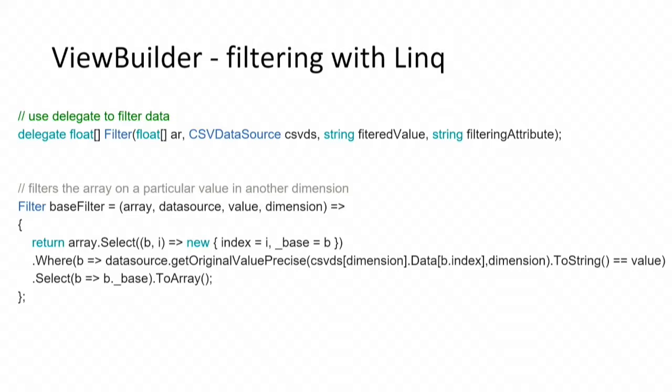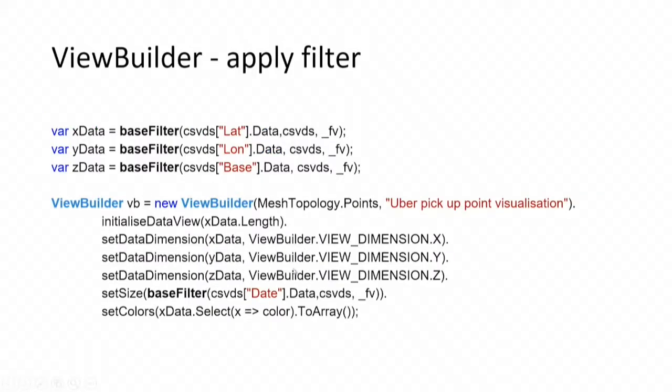So that's quite nice. And then this base array filter will convert it back to numbers. And then what we can do with that base array filter is call it as a function. We pass it in our data, the data set, and the value that we want to filter on. And that lets us facet our data along a certain dimension.